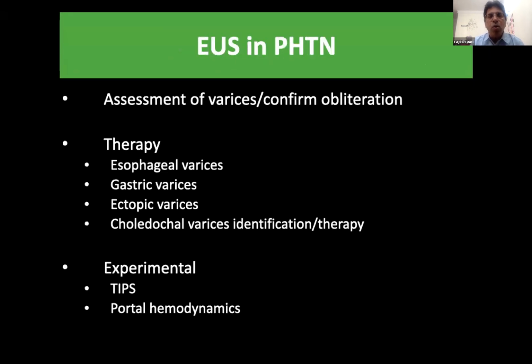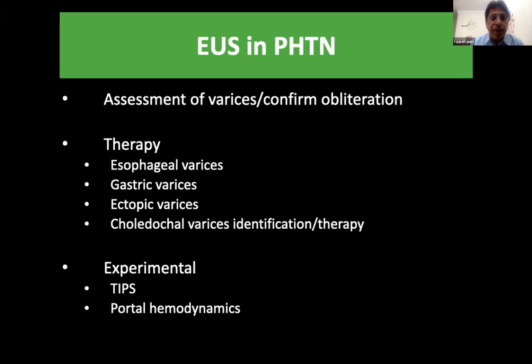EUS in portal hypertension has diagnostic, therapeutic, as well as experimental potential. It is used for assessment of varices as well as confirmation of obliteration, for esophageal, gastric, and ectopic varices. There are a few case reports where it is used as therapy for esophageal varices, where the perforators are targeted.